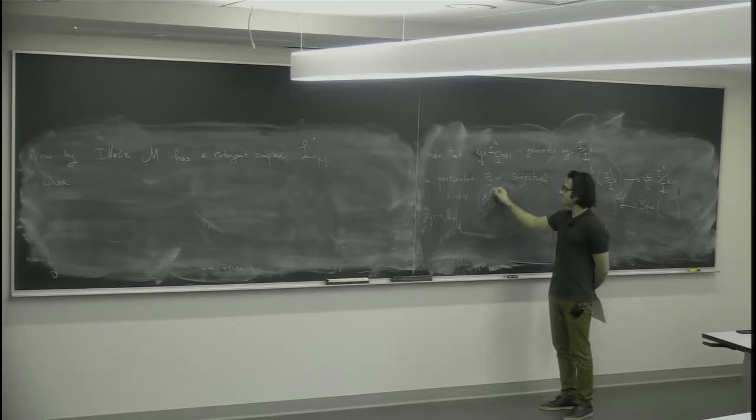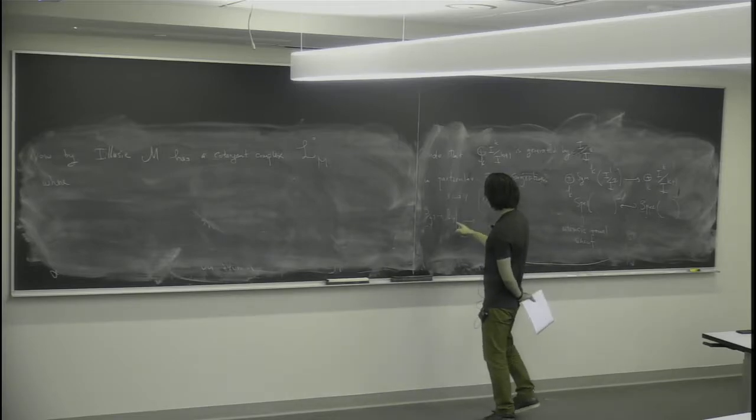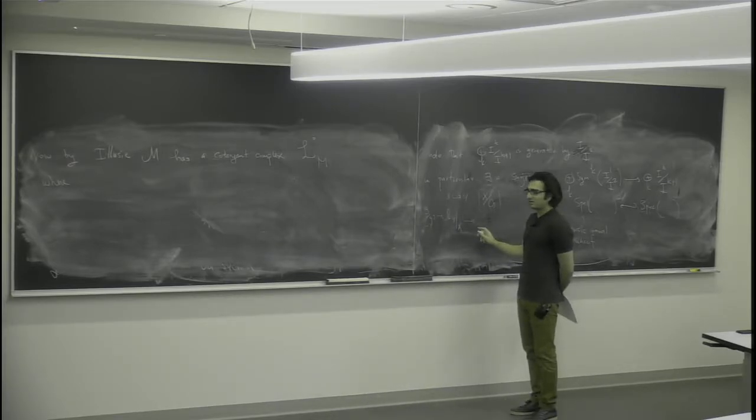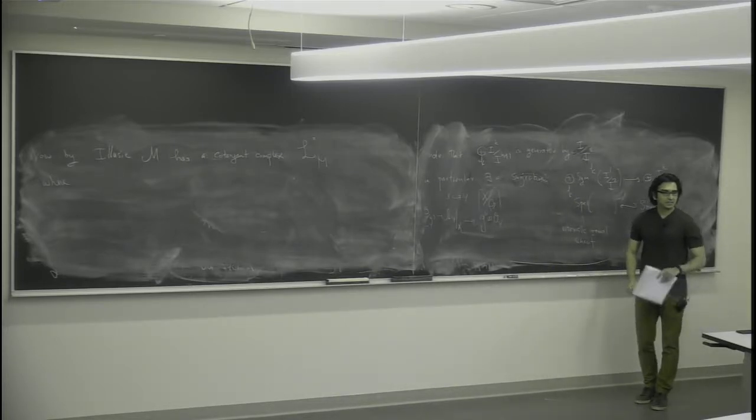The cotangent complex is fine. It could have infinitely many terms. H0 of this L dot of M gives deformations, and H minus 1 of this L dot of M gives obstructions.